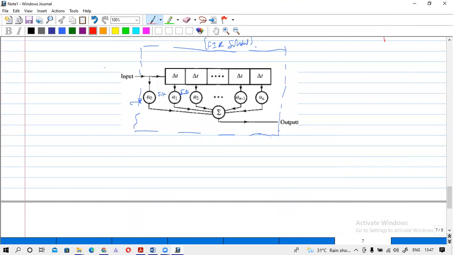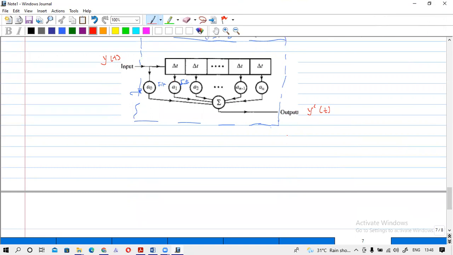I will consider this as y(t), and the output is y dash t. Now I will write the expression for this output. I think you can write it easily. Here y(t) is given, and you can see y(t) is multiplied by a0, so here you have a0 y(t).